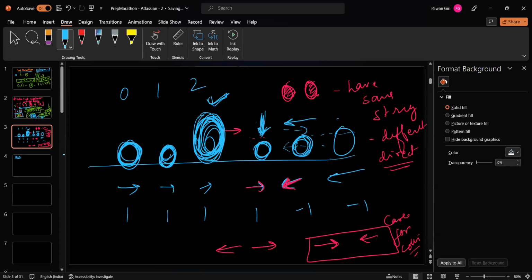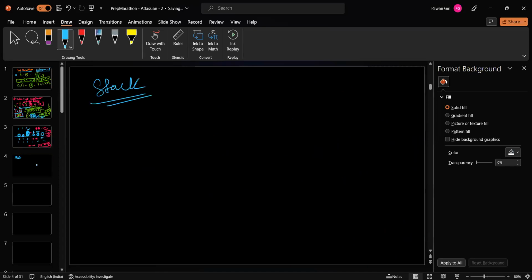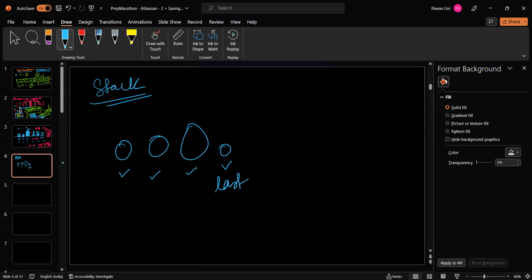So why a stack? The reason is, if there are multiple balls moving right, this is the first ball, second ball, third ball, and this is the last ball, and there is one ball after this moving to the left, this ball moving to the left will collide with the last ball.